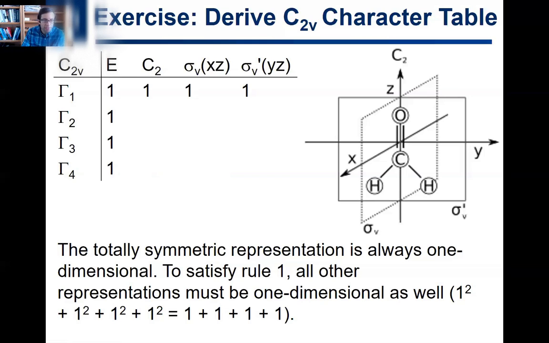Note that these values can never be 0 for the dimensionality, and they can never be negative. So with positive integers, the only way for the squares to equal 4 is for all of them to be 1. 1 squared plus 1 squared plus 1 squared plus 1 squared equals the order, which is 1 plus 1 plus 1 plus 1. Okay, so 4 equals 4. So that gets us a column.